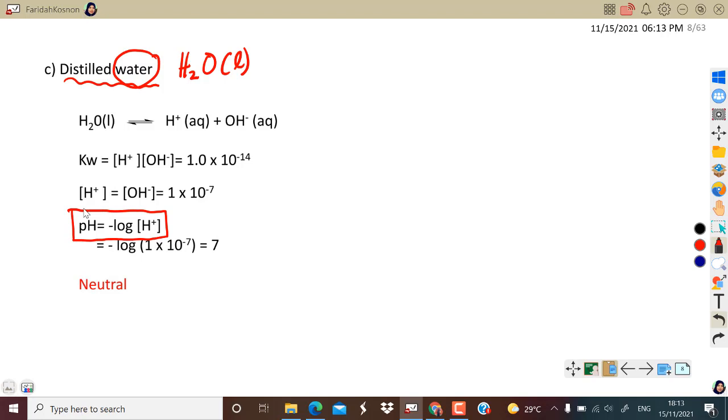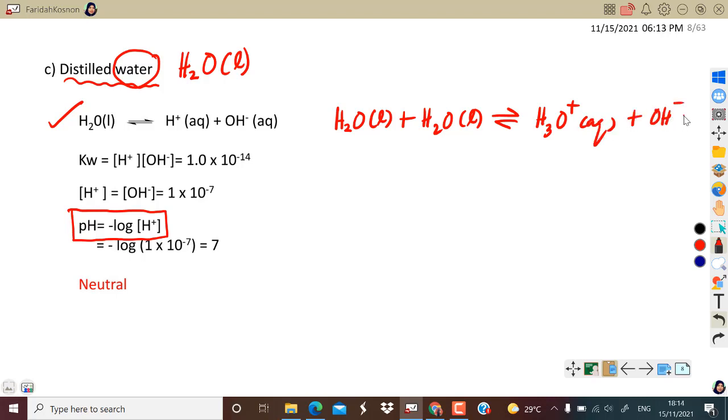So macam mana nak jawab soalan ini? Kita baru belajar tadi bahawa water undergoes auto ionization. So nak guna equation yang ini pun boleh. The dissociation equation ataupun auto ionization of water, ataupun you boleh tulis equation yang ini. H2O liquid dissociates into ion, and forms hydronium ion aqueous plus OH minus aqueous. Okay.